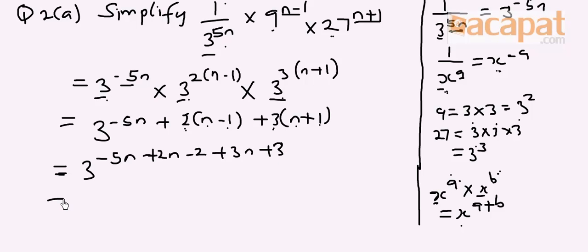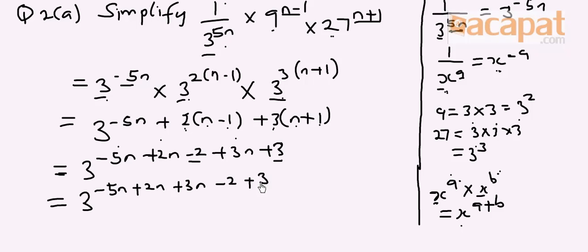This will be equal to, we simply add their powers, so we have minus 5n plus 2n plus 3n, and minus 2 plus 3.